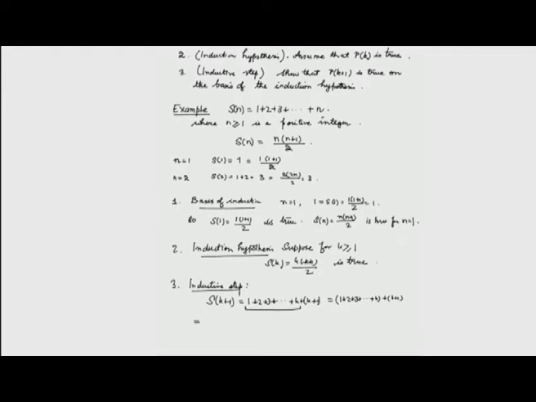is equal to k into k plus 1 divided by 2 plus k plus 1, and naturally we will sum this expression to get 2 k into k plus 1 plus 2 times k plus 1, which is equal to 2 in the denominator, and in the numerator k plus 1 into k plus 2.